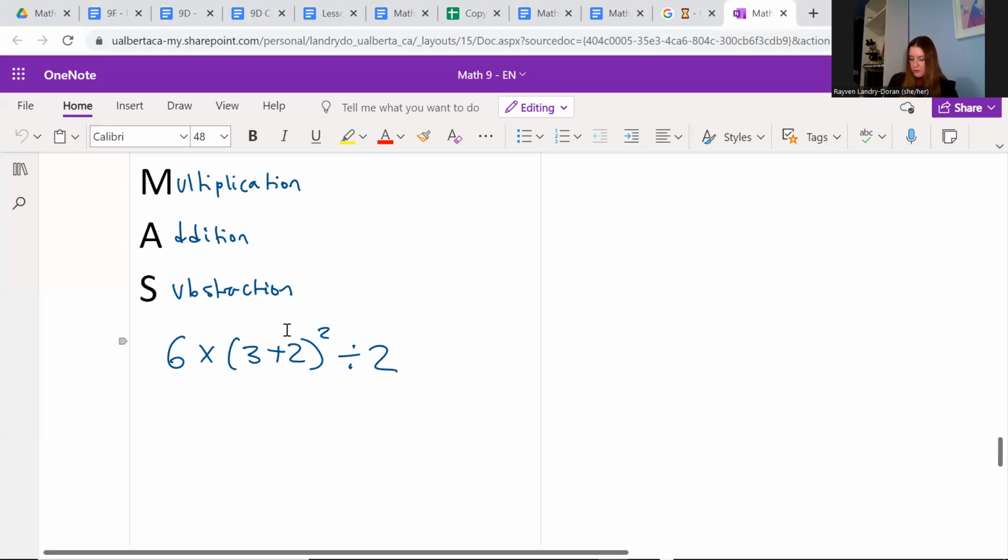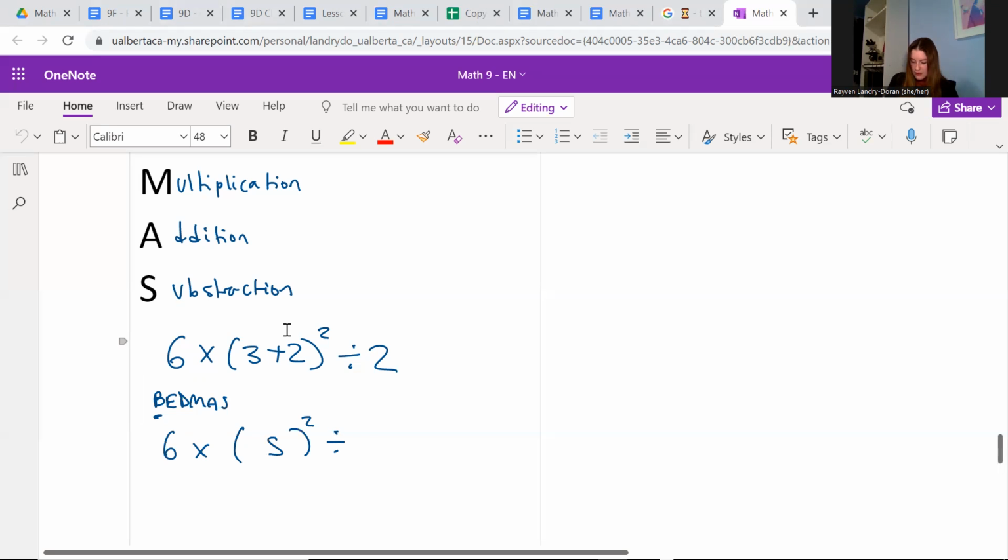So first I want to look at BEDMAS. And I want to know which one to do first. So I look at the brackets, I see the brackets, and I'll do that first because the bracket's the first one. So I'll do 3 plus 2 equals, what does it equal? 5. The power of 2 divided by 2.